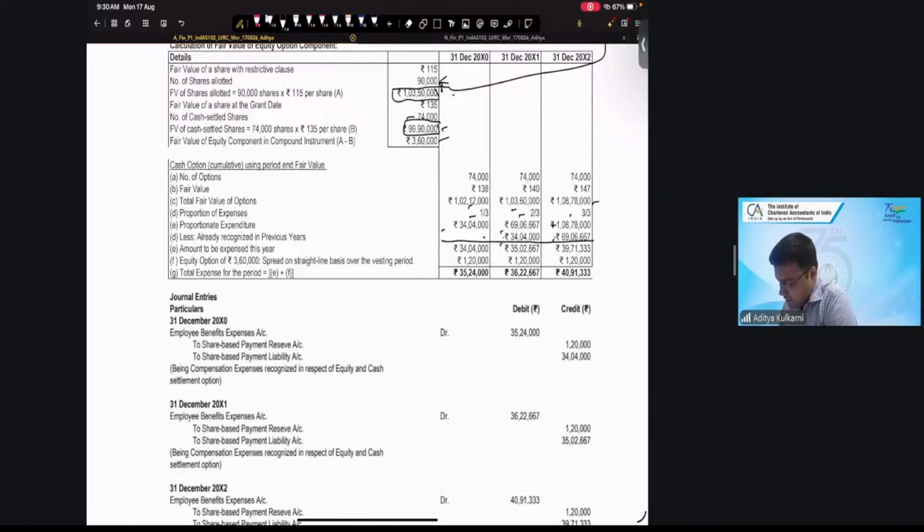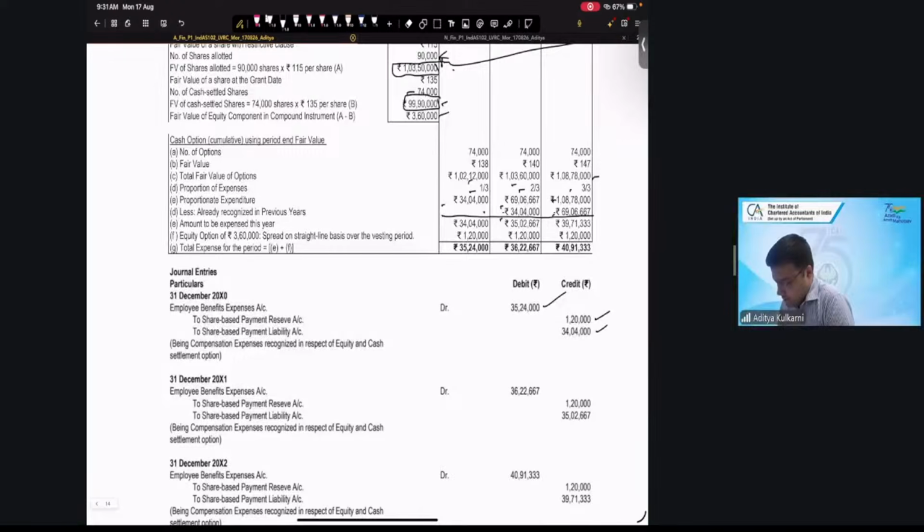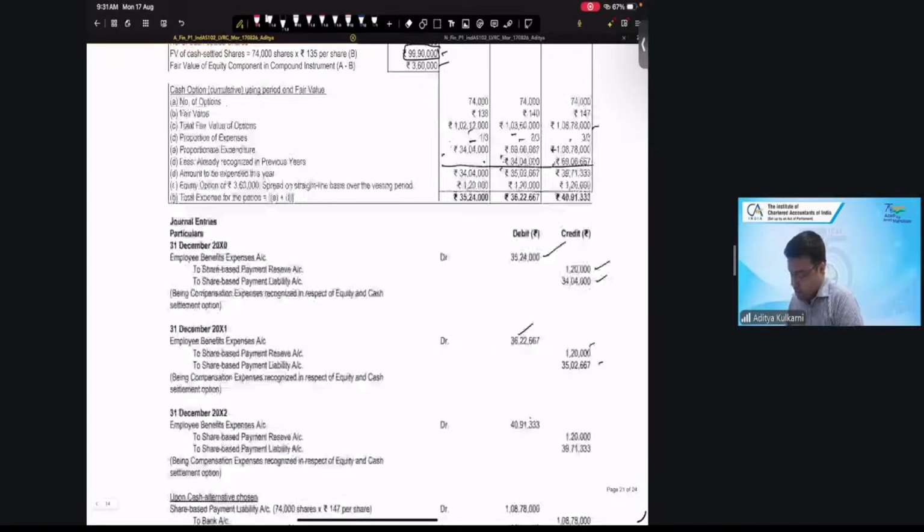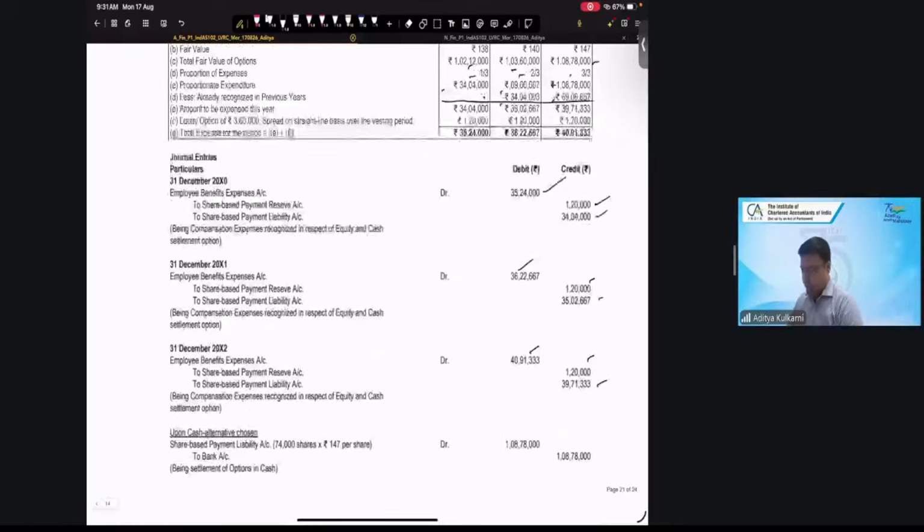So 35 lakh 24,000 credit SBP reserve and SBP liability. Next, employee benefit expense 36 lakh 22, SBP reserve 120. Next, for 4091 333, SBP reserve 1 lakh 20, SBP liability 3971 333.